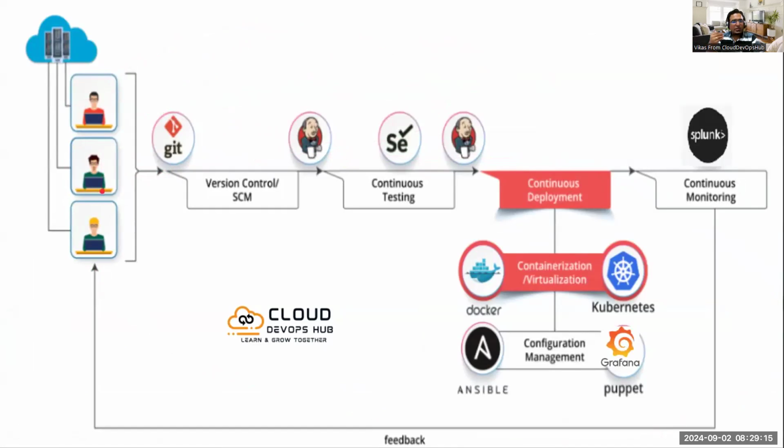Multiple developers sitting in remote locations push the code into a centralized location, GitHub, with the help of the tool Git. As soon as they write and push the code, what will happen? Jenkins will pick that code, understand it, create a build, do the Selenium testing, and whatever build image has been developed, that image is deployed with the help of Docker into the Kubernetes environment.